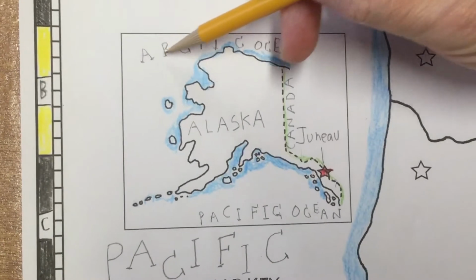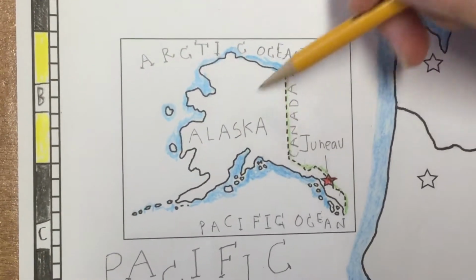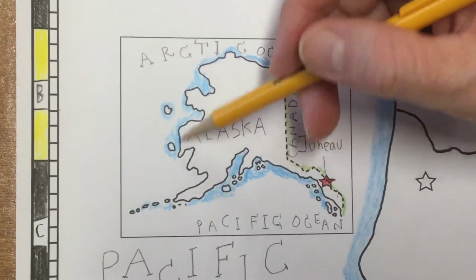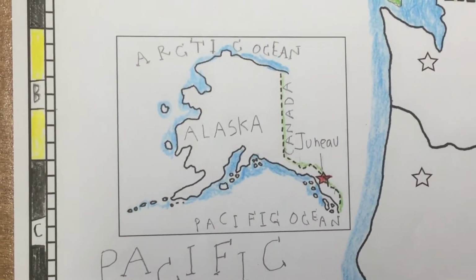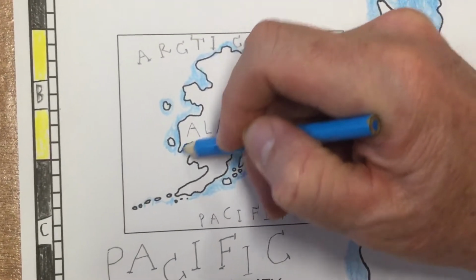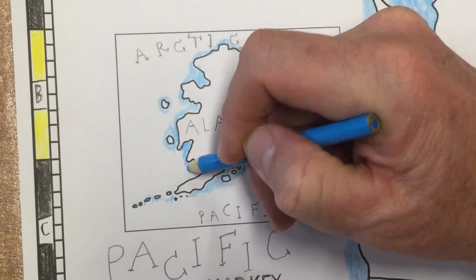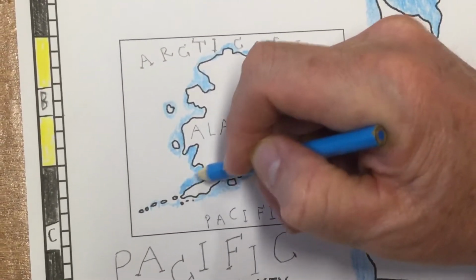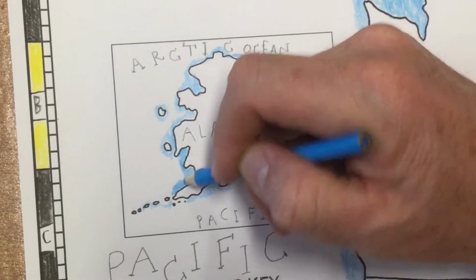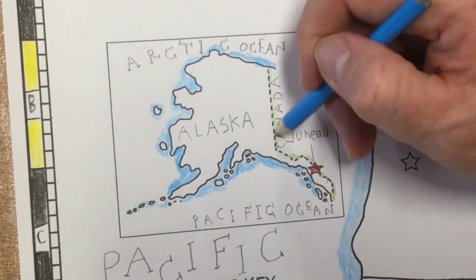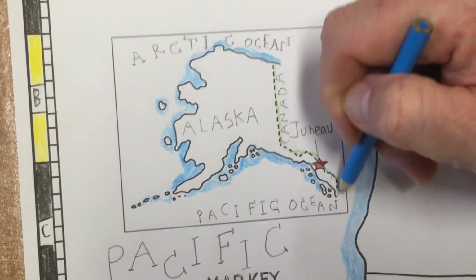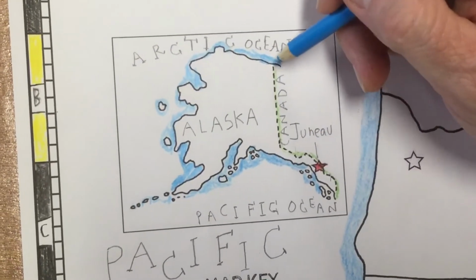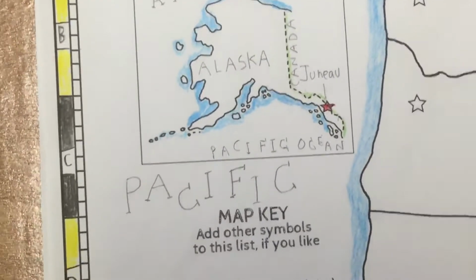So go ahead and label those two oceans, and you can shade along that coastline. And if you want to put a little green along that Canadian boundary line, you can too, just to show that's land there.